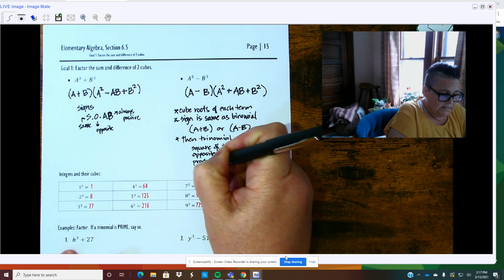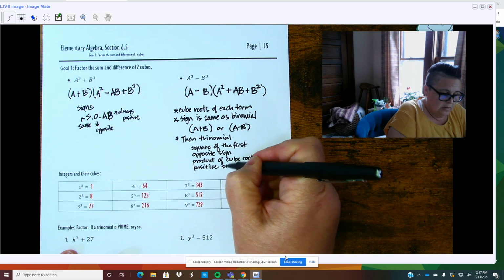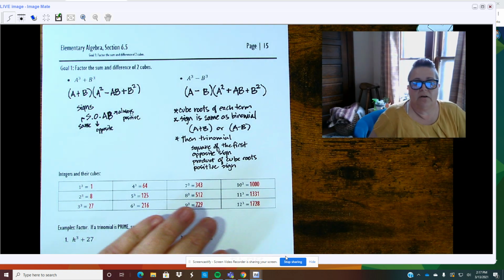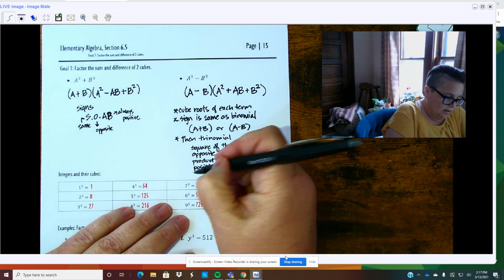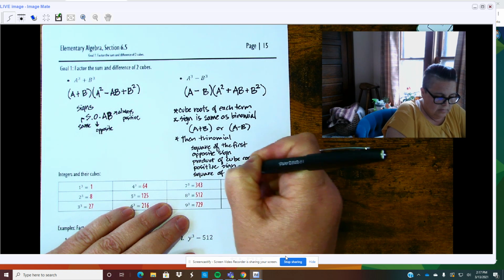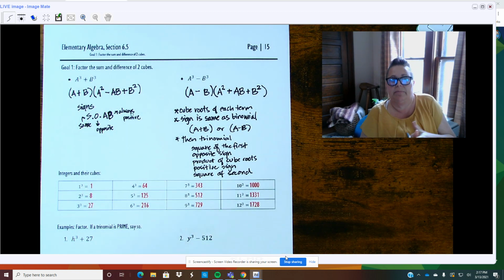Then we need a positive sign, so then we do a sum. And then we need the square of the second. Okay. And this is our basic pattern.